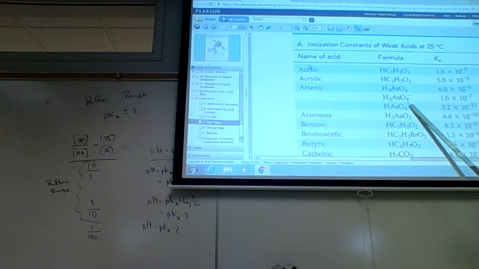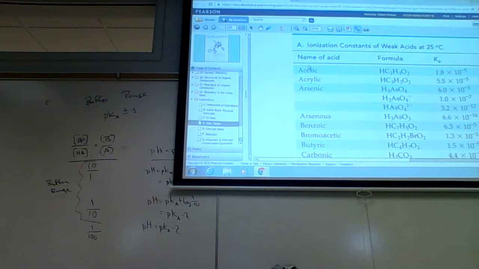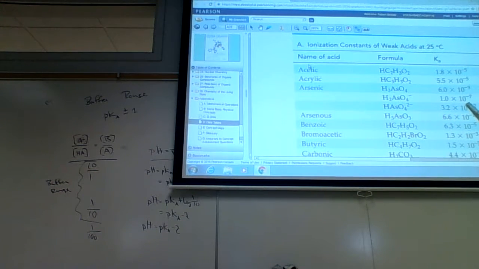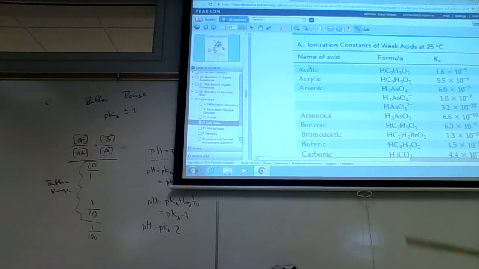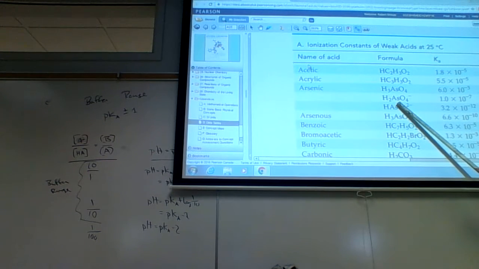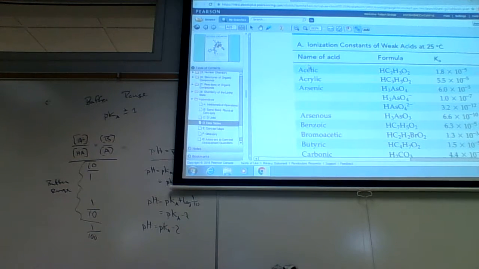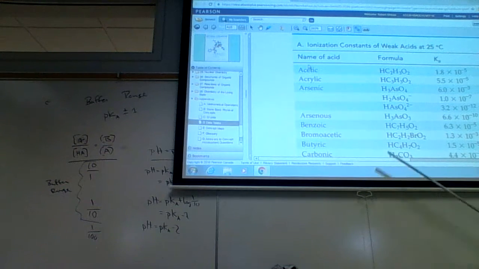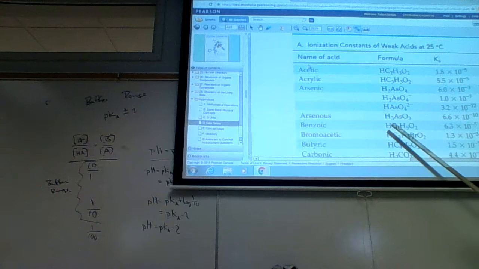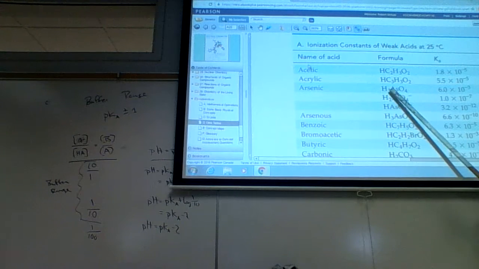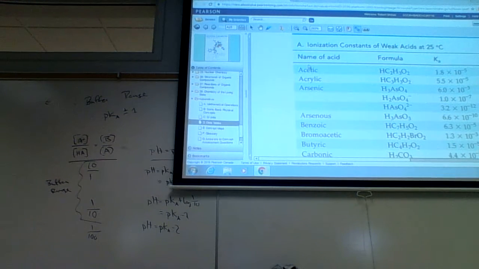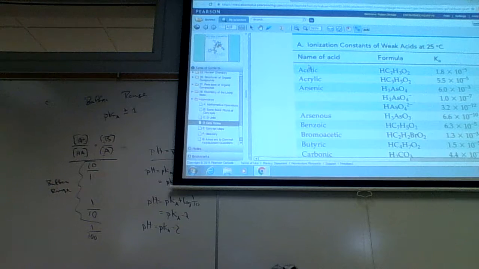At least the pKa is perfect because the pKa is 7.00. But it's not so perfect in terms of practical applications because arsenic acid and dihydrogen arsenate and monohydrogen arsenate are highly toxic. And so this is not a great buffer because it's too toxic. The pKa is perfect though.